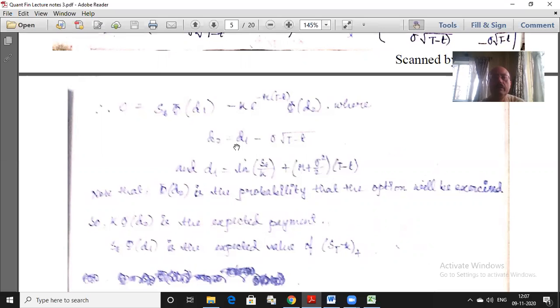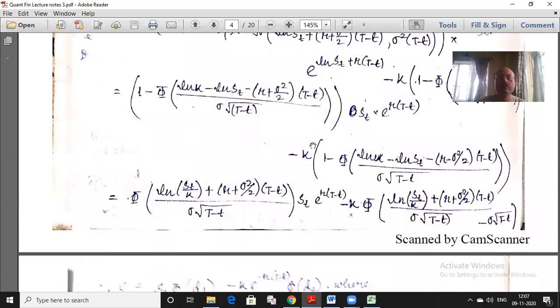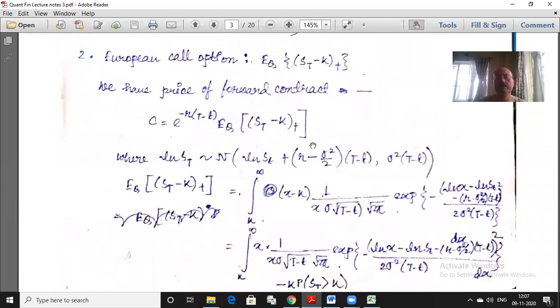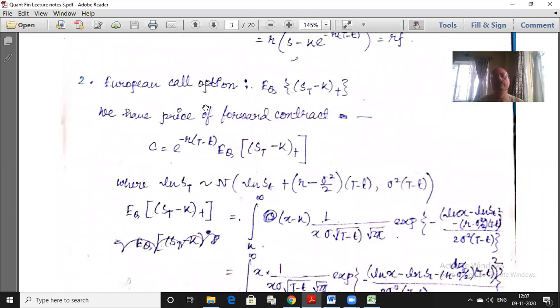So D2 and D1 are related through this equation. D2 is equal to D1 minus sigma times root over T minus small t. So that is the final formula for the European call option price, which you find by using the Black-Scholes result on this particular expression here.